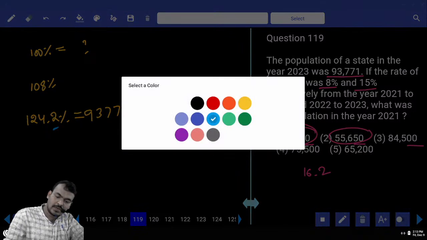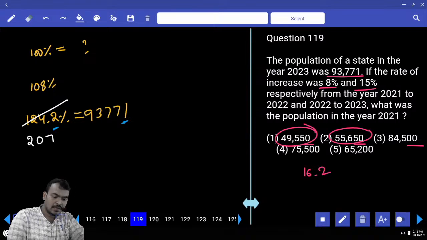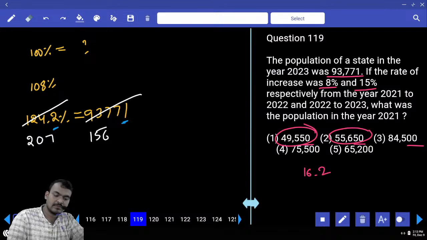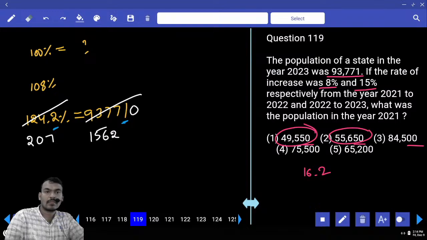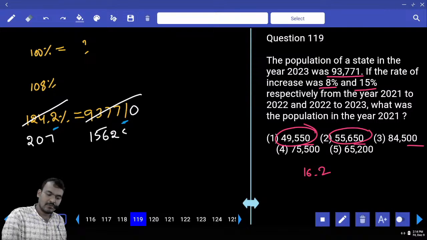Okay. First 1242. 1242 means 6 how many times? 2, 0, 7. Next, 6 how many times? 15, 6, 2, and here 0. 6 15s are 90, 6 6s are 36, remaining 17, 6 2s are 12, remaining 5, 51, 6 8s are 48, 6 5s are 30.